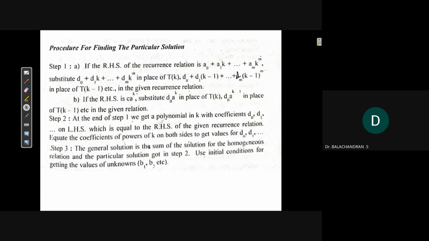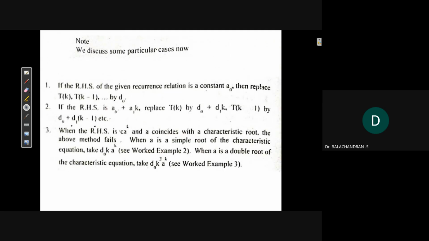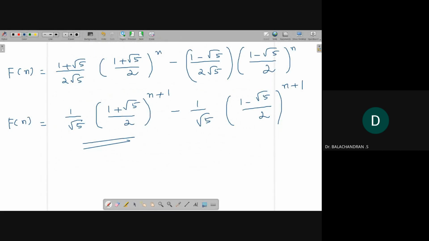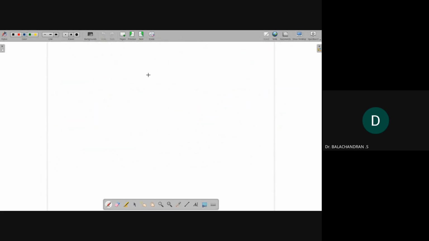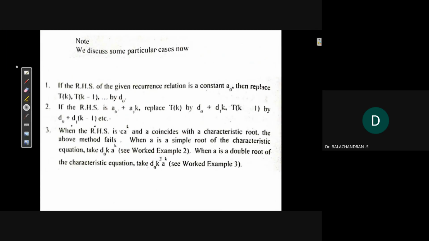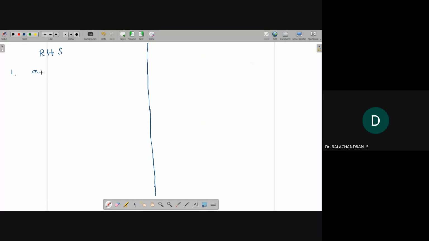For the particular solution we will adopt the following procedure. I'll put a table like this, depending upon the right hand side. Suppose the first case, it's a constant, for example a naught, where a naught is constant.